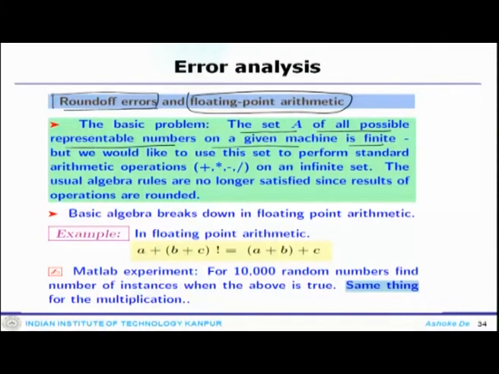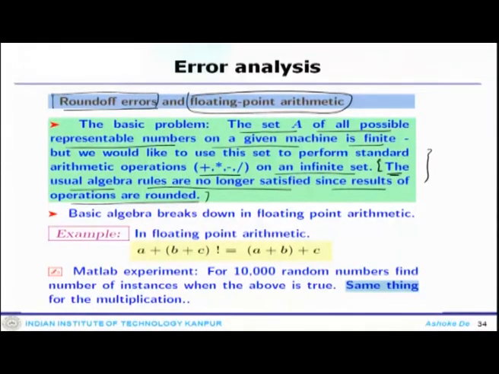The set A of all possible representable numbers on a given machine is finite, but we would like to use this set to perform certain operations like addition, subtraction, multiplication, division on an infinite set. So, what follows? The usual algebra rules are no longer satisfied since results of operations are rounded.